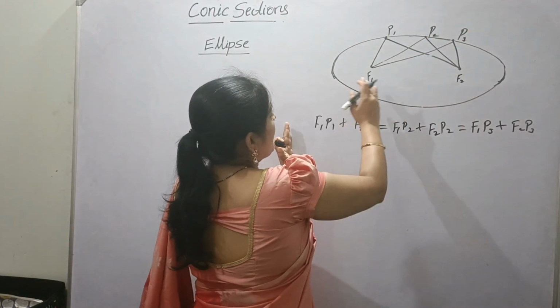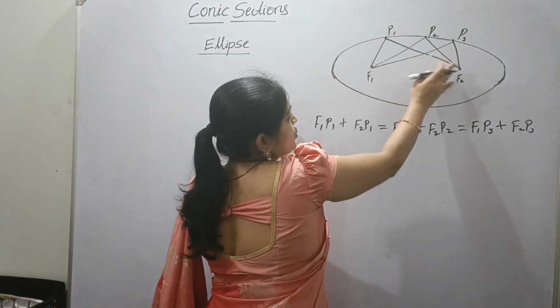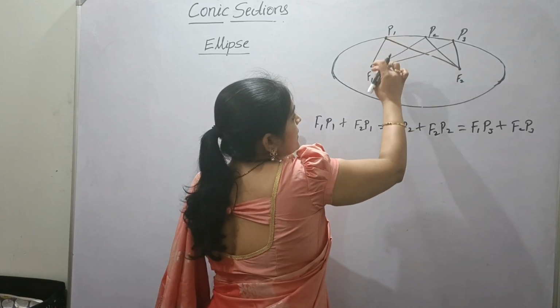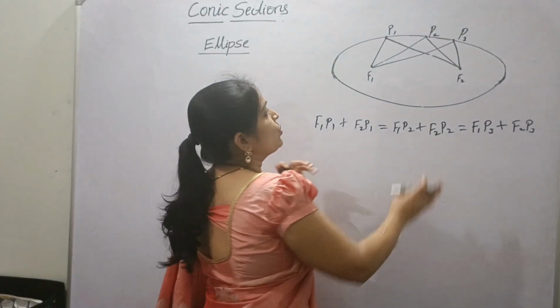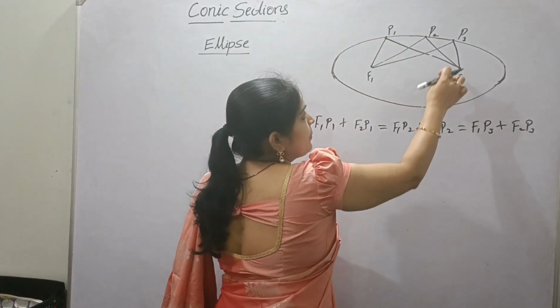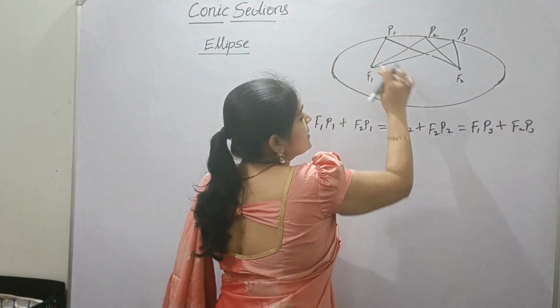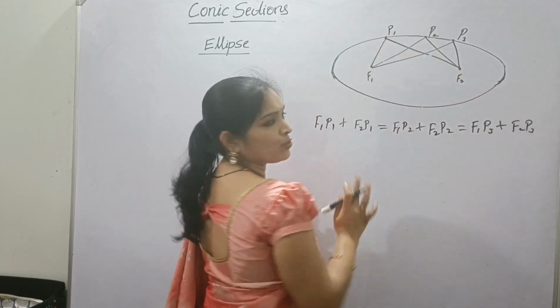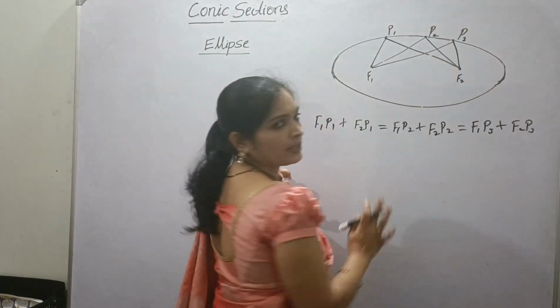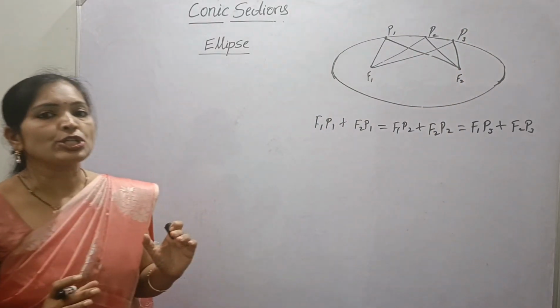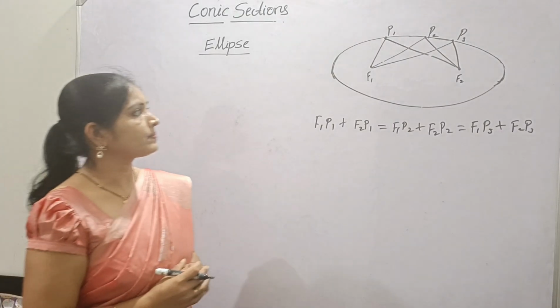So the sum of the distances F1P1 and F2P1 is equal to F1P2 plus F2P2, which is equal to F1P3 plus F2P3. That is the definition of ellipse.